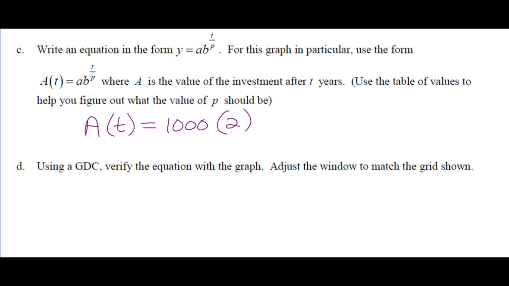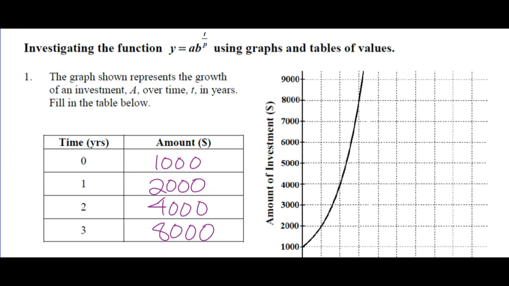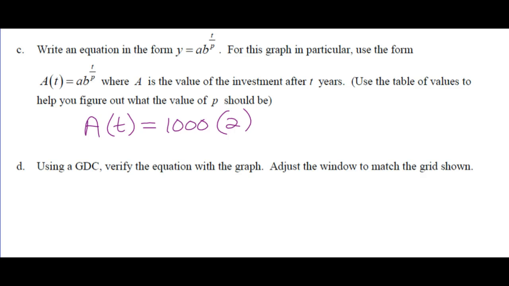Okay, so using the table, when time is 0, we've got 1,000 times 2 to the 0. Okay, that doesn't help us with getting the p. When we've got 1, it's 1,000 times 2 to the 1, which gives us 2,000. 1,000 times 2 squared, so what's the value of p?